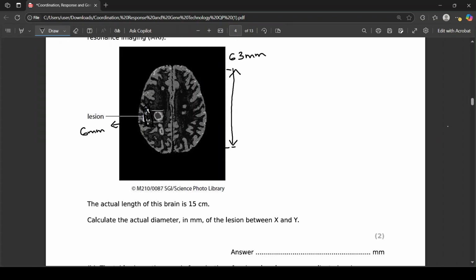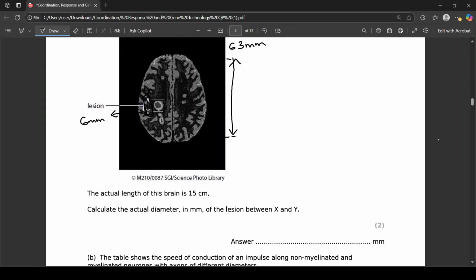So this is a magnification question, but instead of finding the magnification, we are using it to find the real size from the image. We have to take the scale factor instead of magnification. Whenever you're given a question like this, use the scale factor.